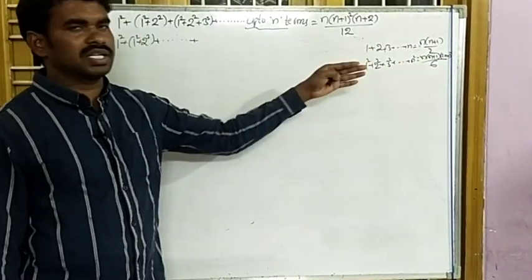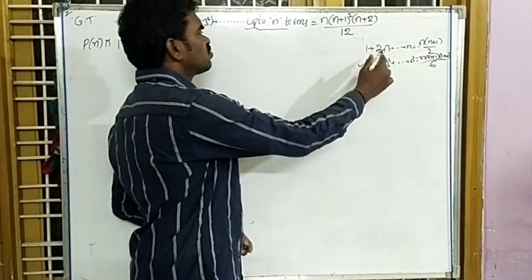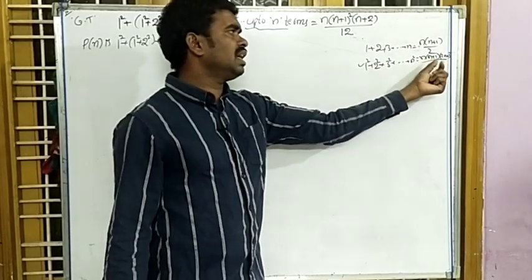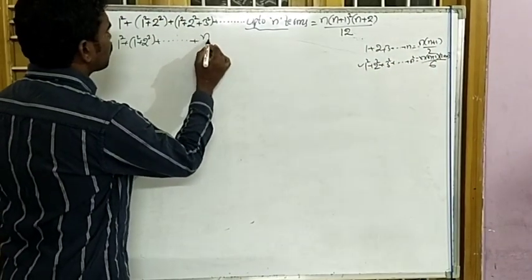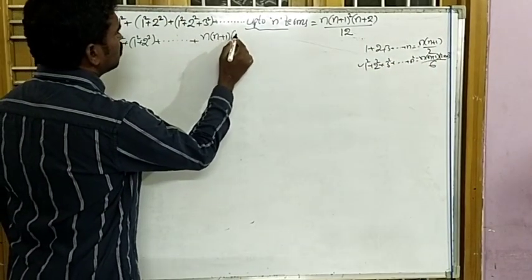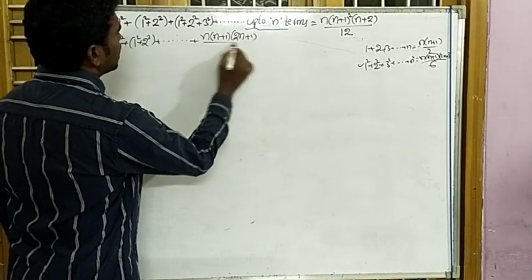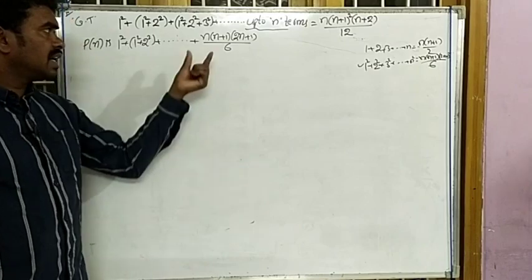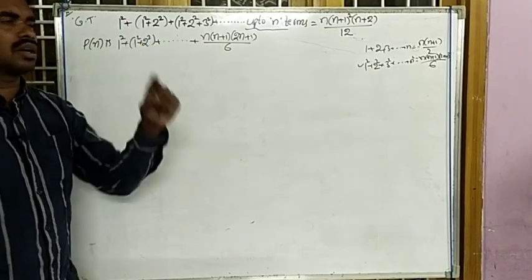Actually we have 3 formulas, and they will be useful here. Instead of n terms, we can simply write n into (n plus 1) into (2n plus 1) by 6. We must write the nth term; for writing the nth term, we will be awarded 1 mark.